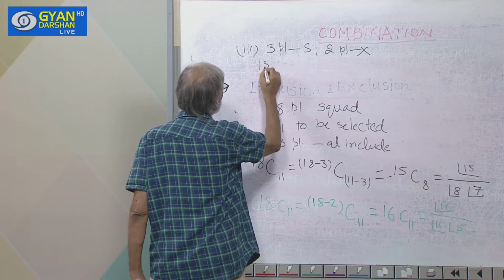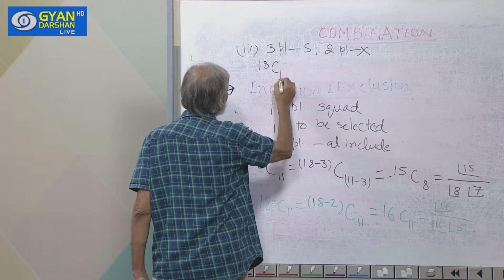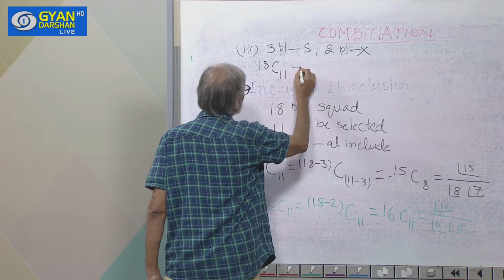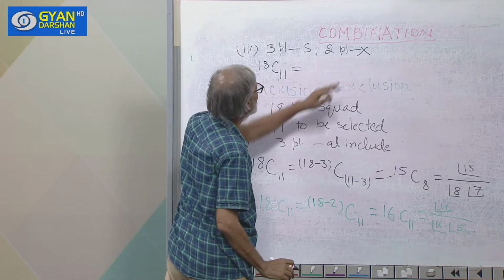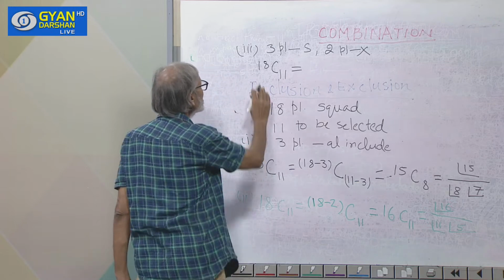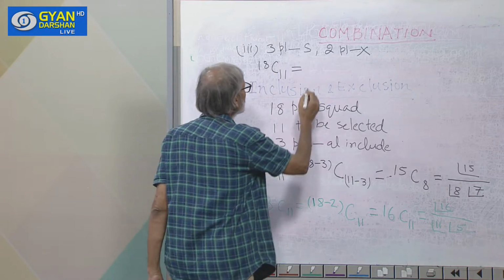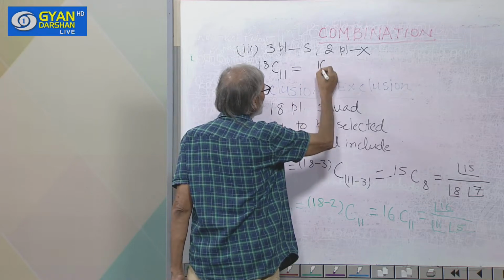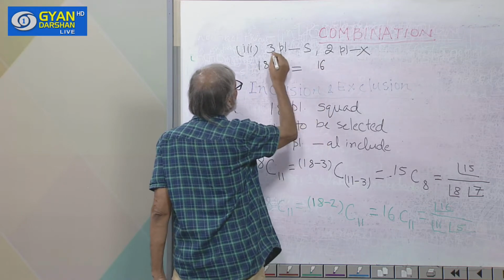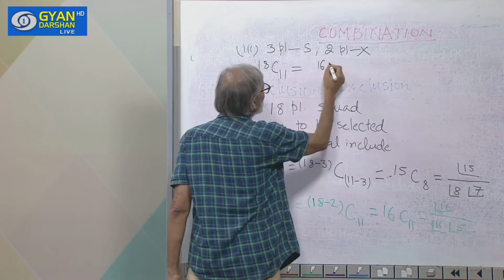I mean, out of 18 players, we have to select the team of 11. Since 2 players are injured, we consider only 16 players. And 3 players we have to select anyway.